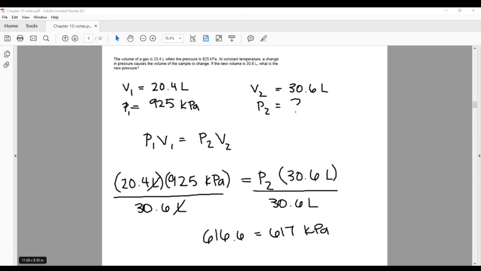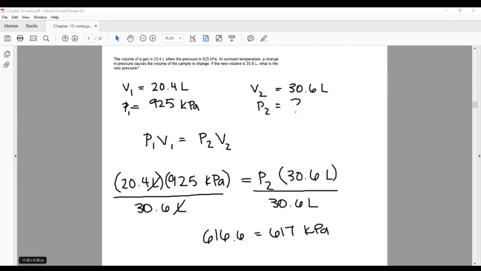Okay, so if we consider this problem, they've told us the volume of a particular gas at a certain pressure, and they've told us that we have constant temperature, so we know our temperature is not changing, but we do have a change in pressure that has caused the volume to change. So the new volume there is 30.6 liters, and we want to know the new pressure.